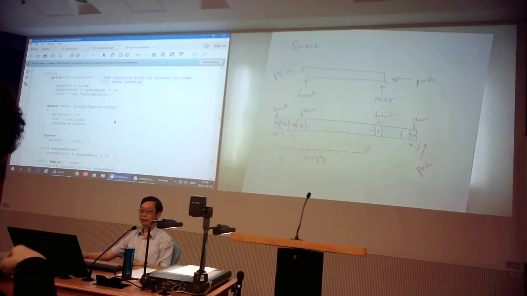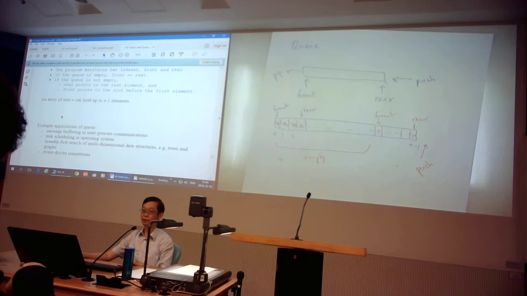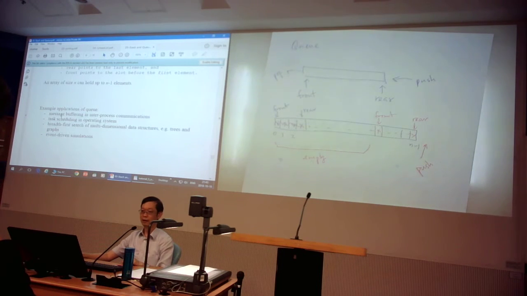Now, a queue can be used in a few typical applications, like in computer networks. When you have multiple processes that exchange data, the data will be buffered in a queue because you want the message to be delivered in a first in, first out manner.